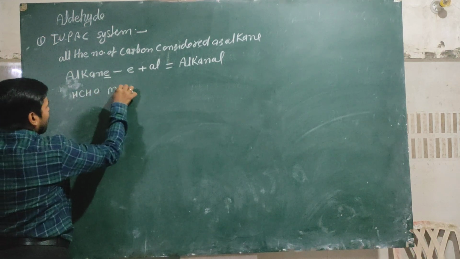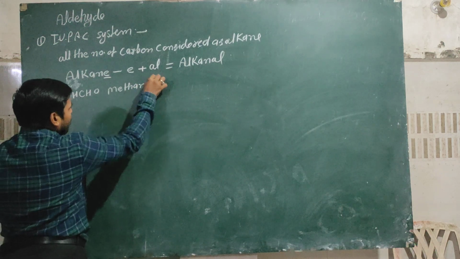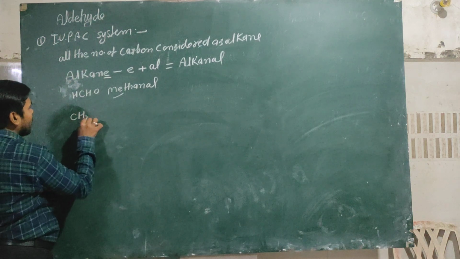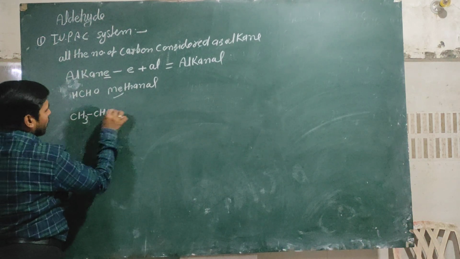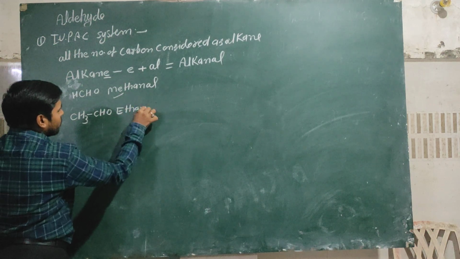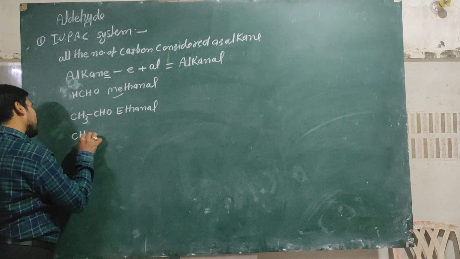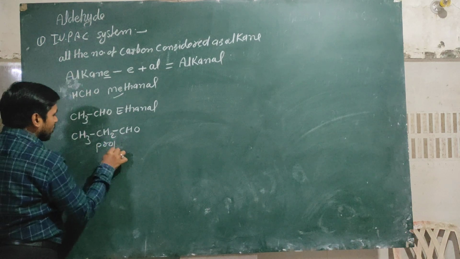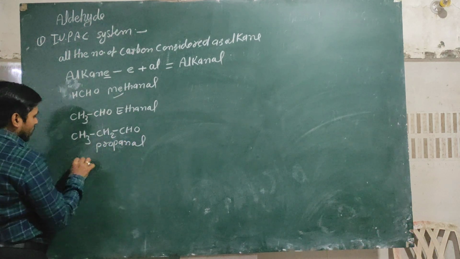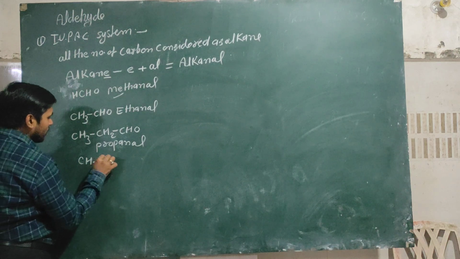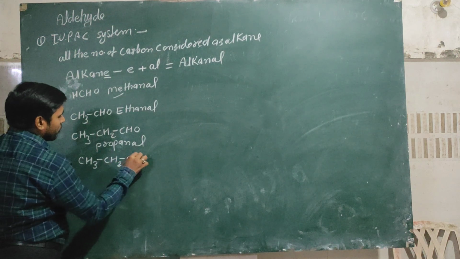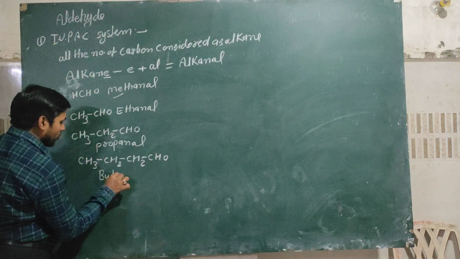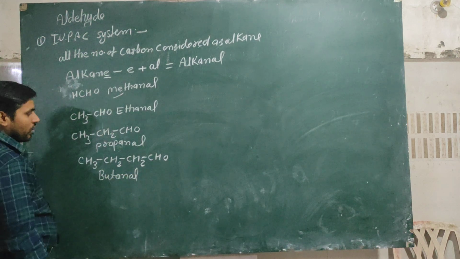When we remove the word 'e' from any alkane and add 'al', its name becomes alkanal. Then HCHO is known as methanal. It is the IUPAC name of formaldehyde. If the number of carbons is 2, it is known as ethanal. If the number of carbons is 3, it is known as propanal. If the number of carbons is 4, CH3CH2CH2CHO, its name is butanal.